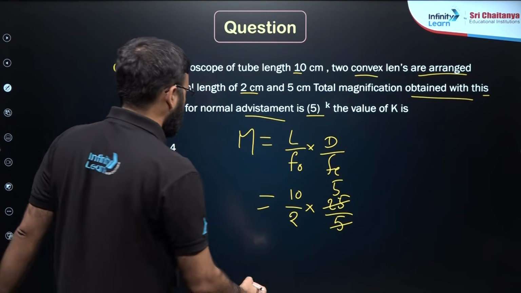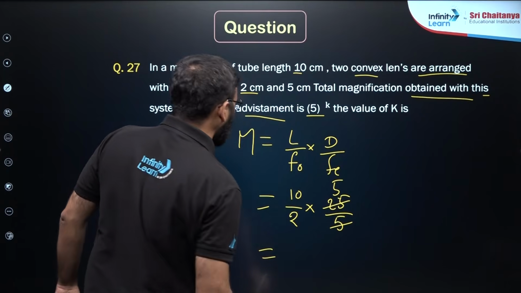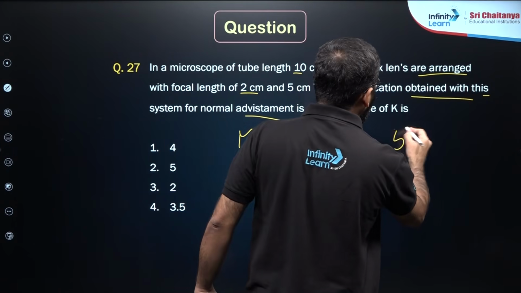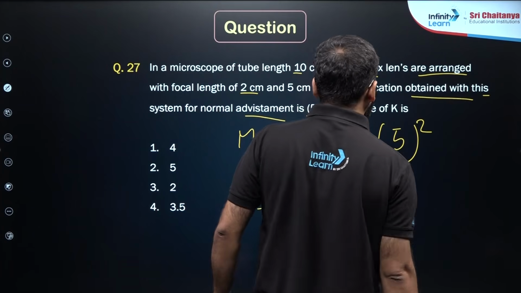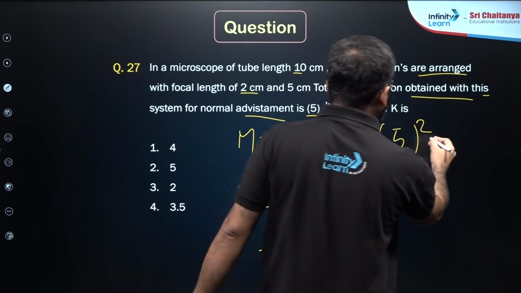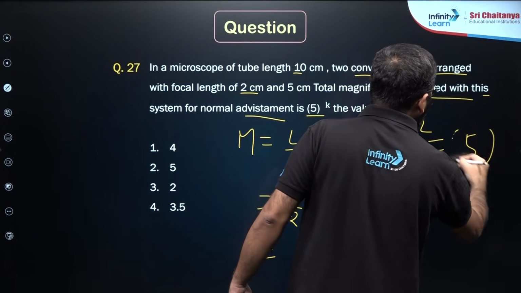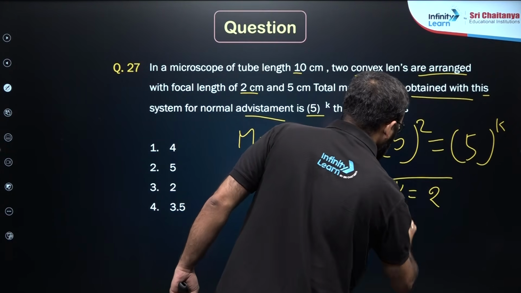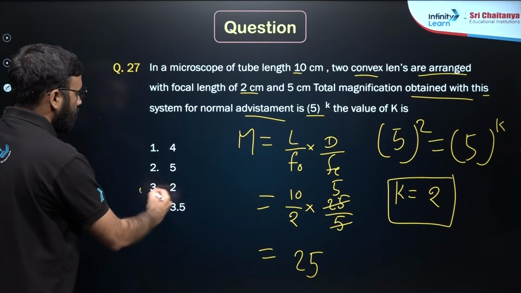So what is my final answer? That is 25. So 25 is 5 power 2. Compare with 5 power k. So what is the k value? K equals 2. So option 3 is your correct answer, beta.